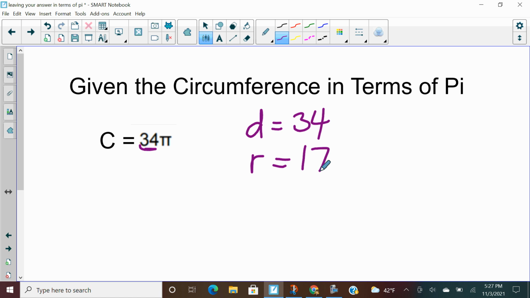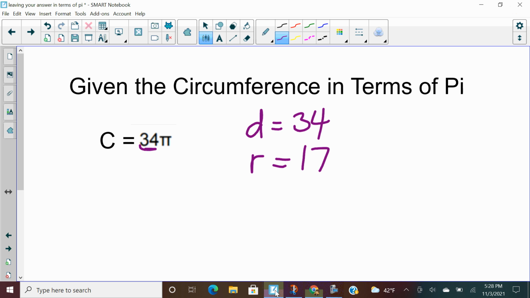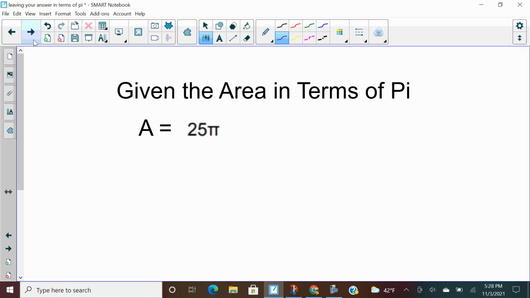And then I can find my area because whatever I multiply by pi is radius squared. So radius times radius, 17 times 17 is 289. So I can write my area as 289 pi. And if I want to find an approximate answer, I can multiply, but I don't have to.